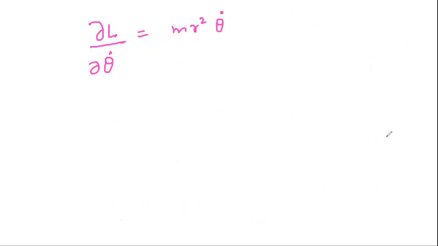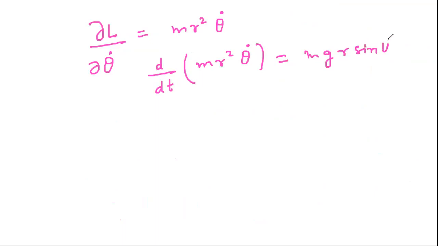Then what I have to do, I have to find its time derivative. Time derivative of dou L by dou theta dot, which is mr square theta dot, and equate it with dou L by dou theta, which is mgr sine theta. Now here you have to check r and theta are both changing with time.